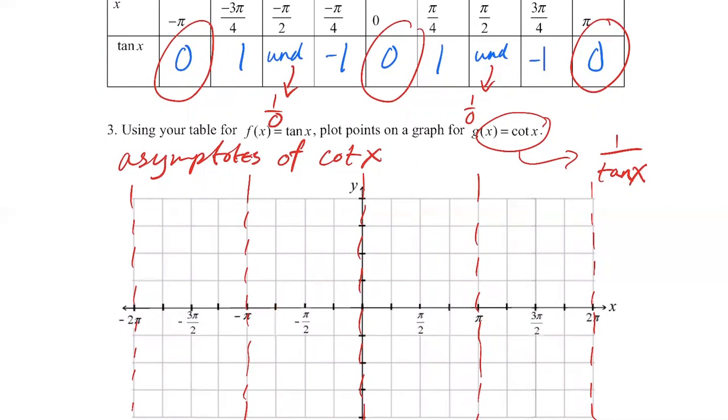That's convenient. I'm going to let that be 1. Let this be negative 1 again. Now, this is the interesting bit. If for tangent at negative pi over 2, we were 1 over 0, for cotangent, we are now 0 over 1.